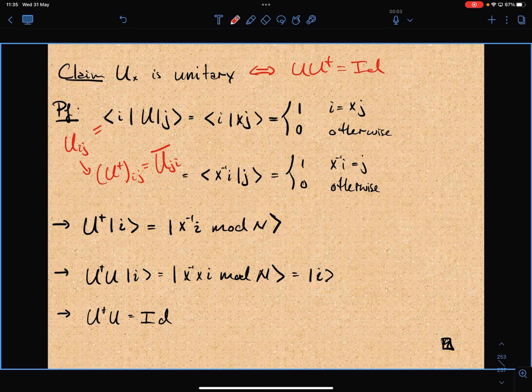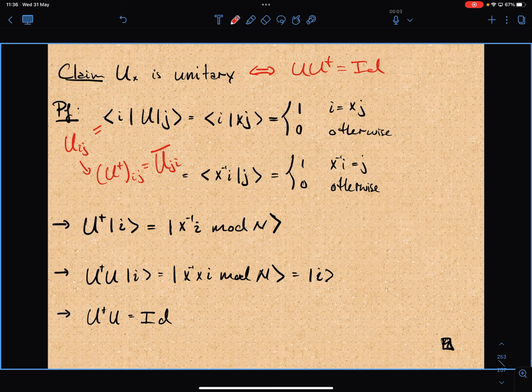So I just compute Uij so I can figure out what Uji is, or what the ij coordinate of the complex transpose is, and then I check the identity that U dagger U is equal to the identity.